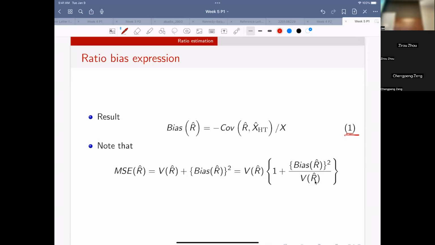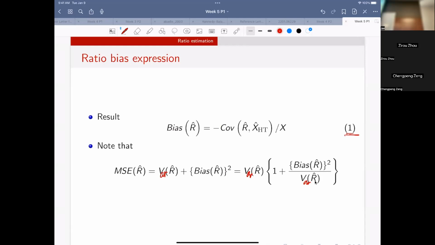So then, MSE is variance plus bias square, right? What I'm going to do is compare the magnitude of the bias to the magnitude of the variance. Why am I doing this?